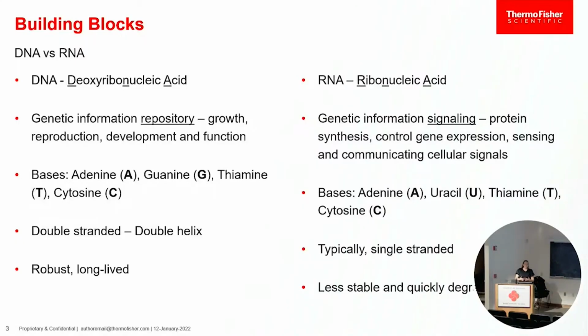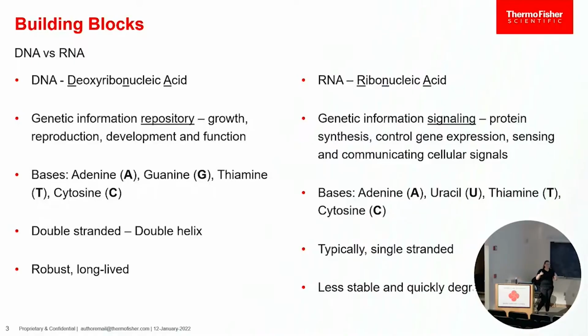Conversely, we have a different molecule called RNA, so that's ribonucleic acid, and it is really the signaler from DNA out to the rest of the cell. So DNA will actually be copied to RNA, so that signaling is really important to a lot of cellular functions.